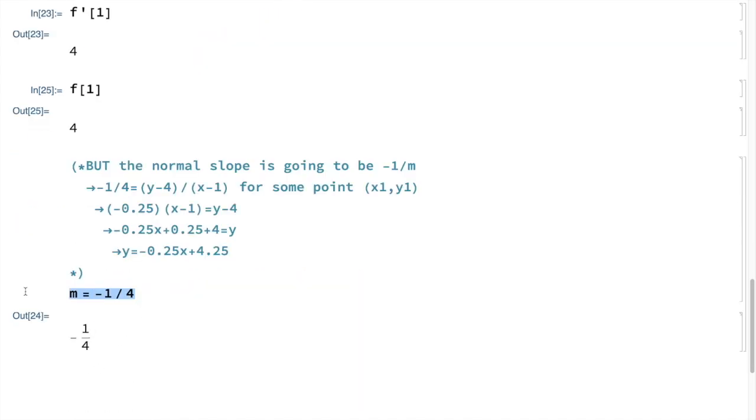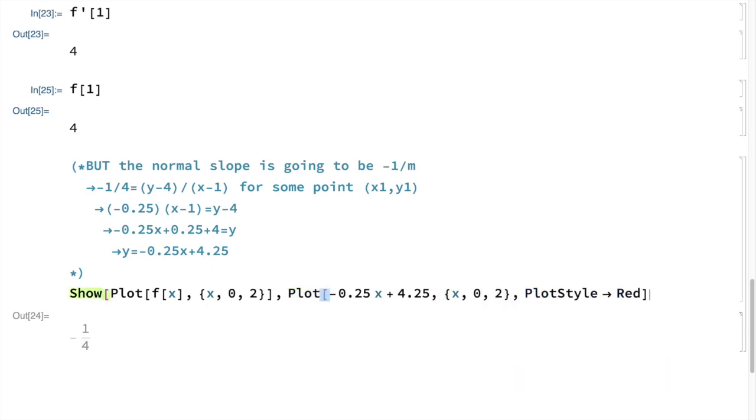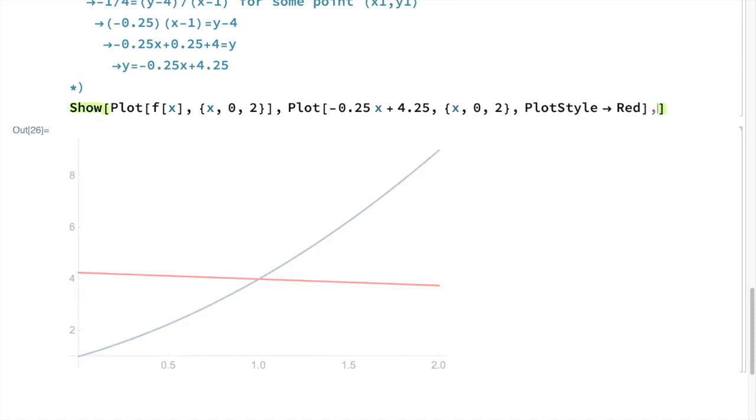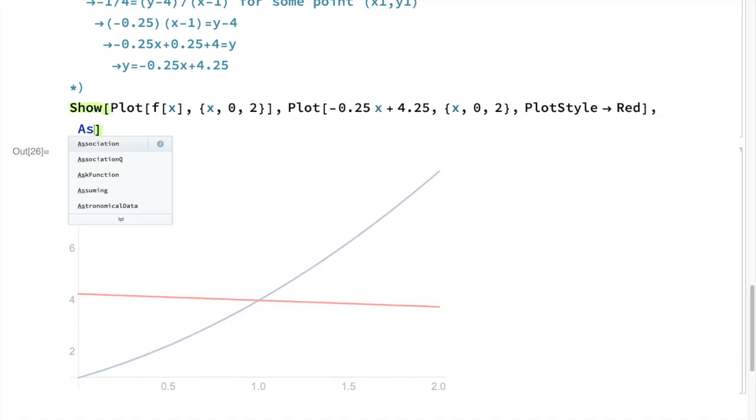If you would like to see what this looks like, I'll just plot f of x from 0 to 2, I guess. And let's plot this from 0 to 2, but I'm going to give you a plot style of red for my tangent line. And this doesn't look right because the aspect ratio is way off. So why don't I change the aspect ratio to 1?